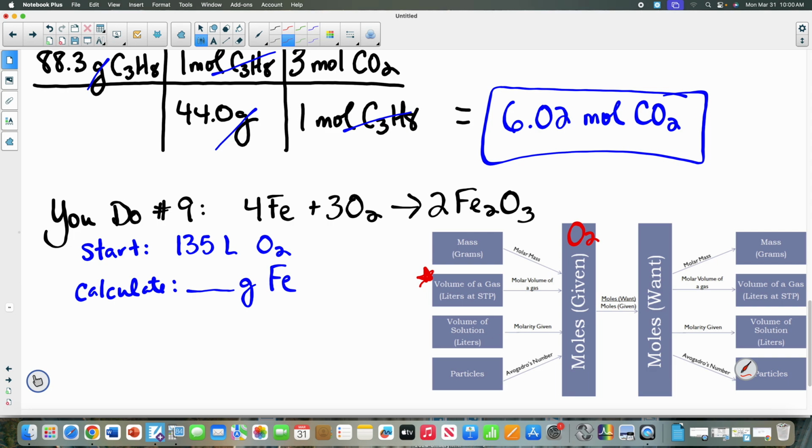We want to start there, and we're being asked to calculate mass of Fe. So how many steps is that? 1, 2, 3. Zoinks.